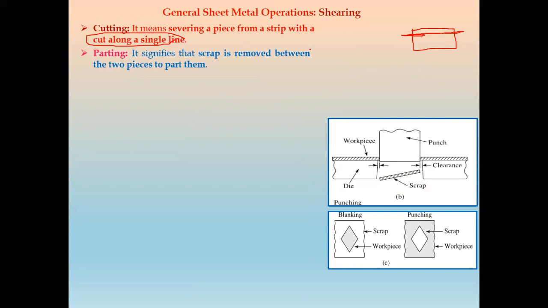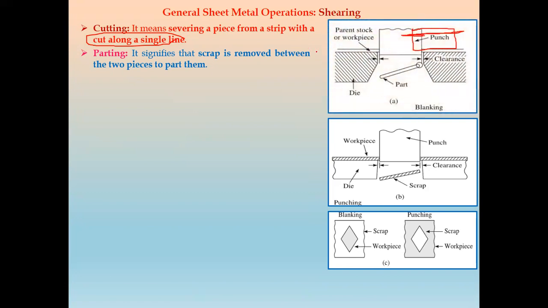Next, we have the parting operation. Parting signifies that the scrap is removed between two pieces of the part, that is, to divide into two pieces.